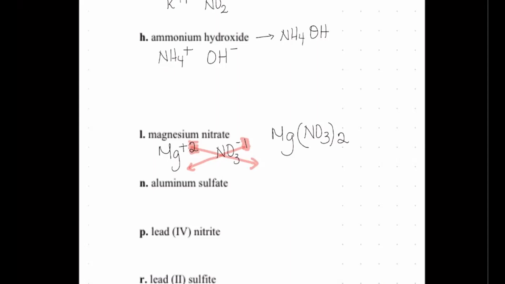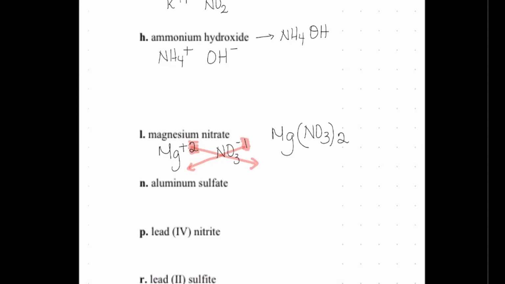Don't be extra with the parentheses. Don't put parentheses everywhere, because you will not get the correct answer. The parentheses are only used on polyatomic ions, or the Roman numeral when we're writing names, and only when your subscript is 2 or more.